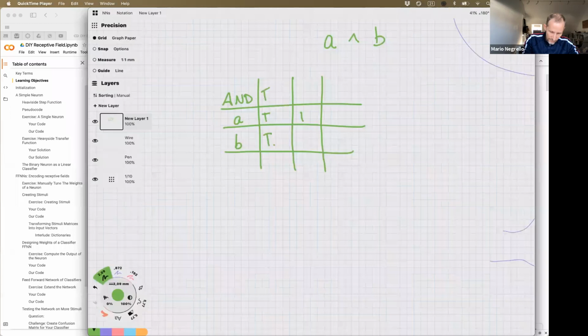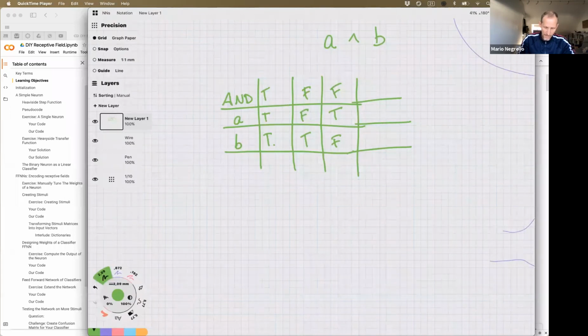But if A is false and B is true, you cannot say that both A and B are true. So AND is basically saying both are true, and so this is false. Similarly, if B is false and A is false, you would answer false. And if both are false, then for sure our conclusion is false. So AND is really easy to make.